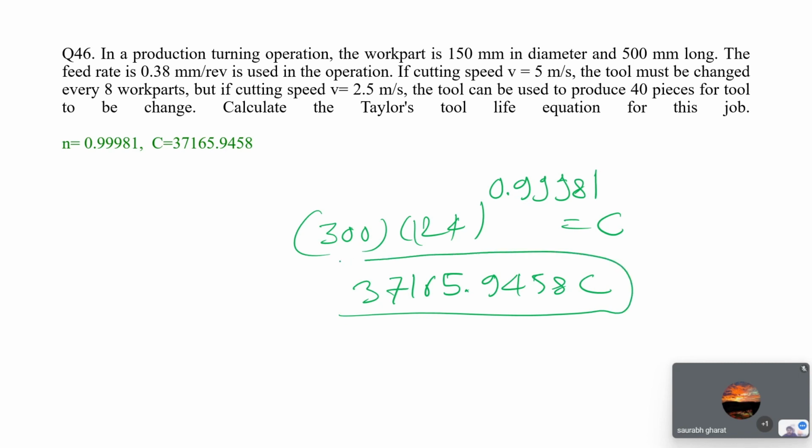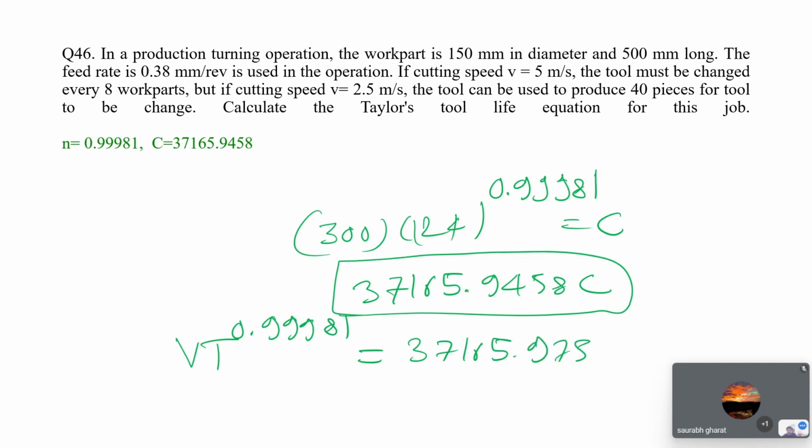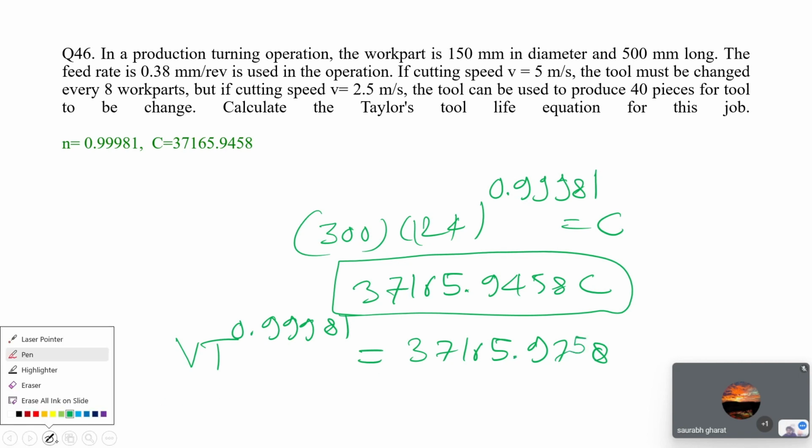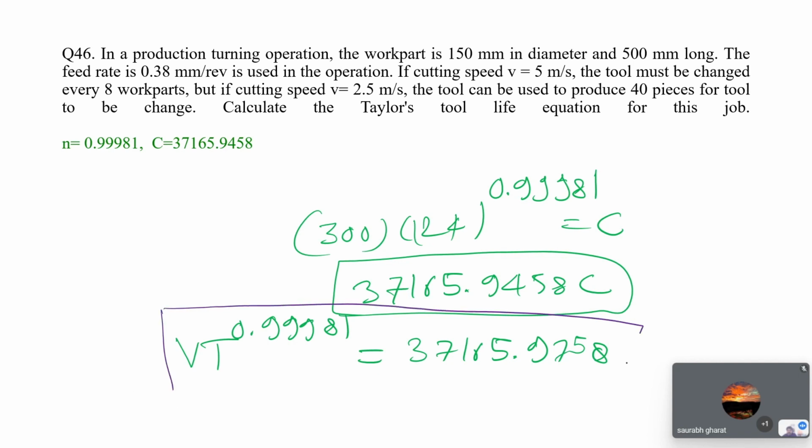It will be C. So V T raised to 0.99981 equals 37165.945. So this will be your answer.